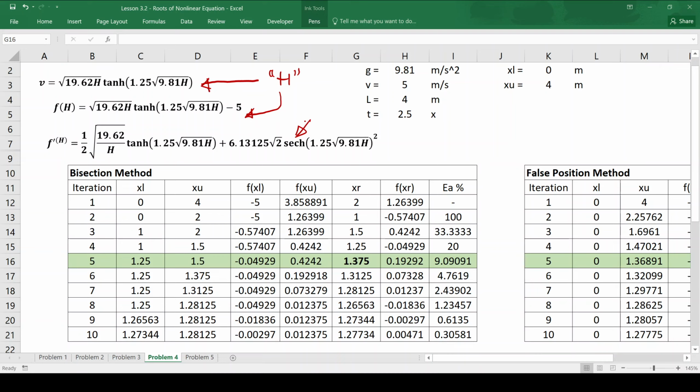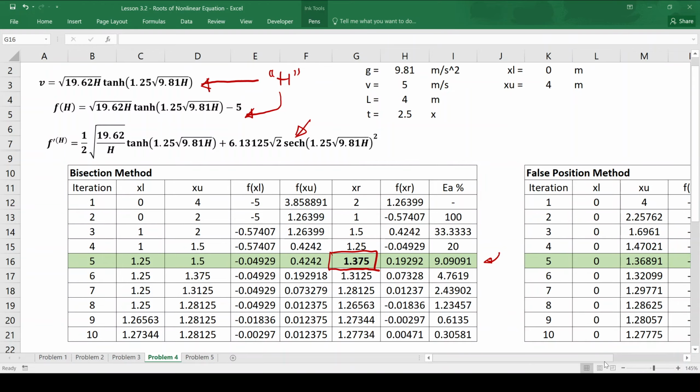By bisection method, up to the fifth iteration, we have an initial head at 1.375 meters, having an error of 9.09%. By the way, our values might vary because it depends on how many significant figures you have rounded up your calculations.